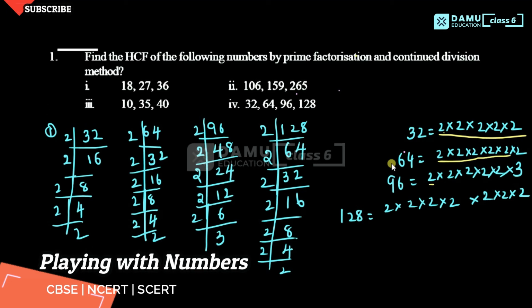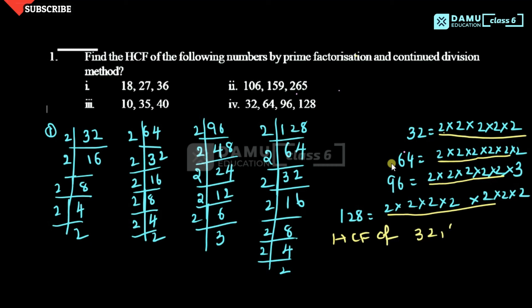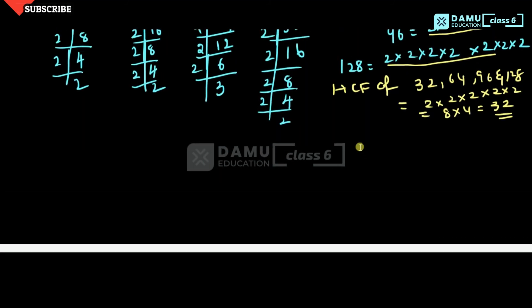So HCF of 32, 64, 96 and 128 will be equal to 2 into 2 into 2 into 2 into 2. So 2 2's are 4, 4 2's are 8, 8 4's are 32. So the highest common factor is 32.